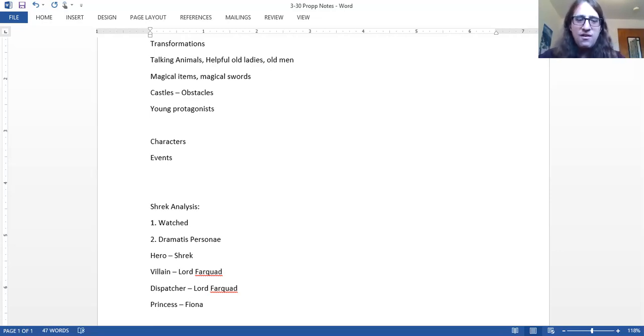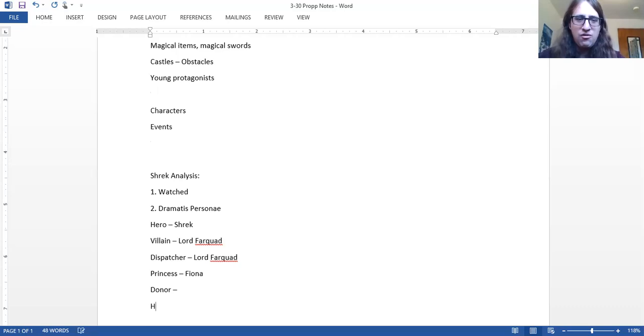Then we have donors and helpers, who are often very similar. But do we have a character who gives Shrek a gift? Or do we have a character who helps Shrek? I would say both of these, Donkey could work.